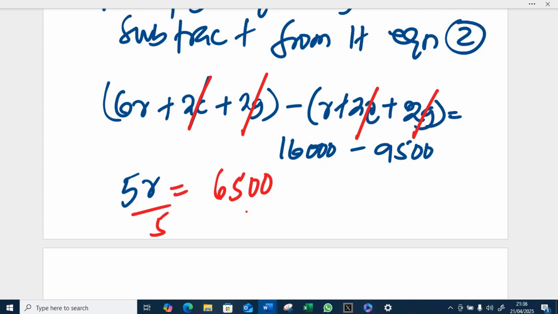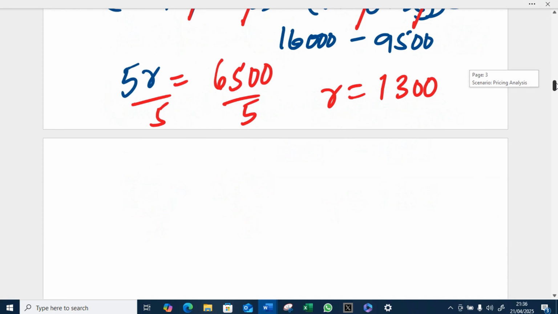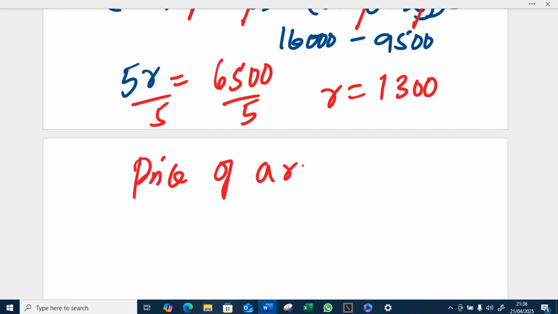So we divide by 5 by 5, and r is going to be 1,300, and that is the price of one ruler. So we have already obtained the price of a ruler is 1,300 Ugandan shillings. Let's go ahead.